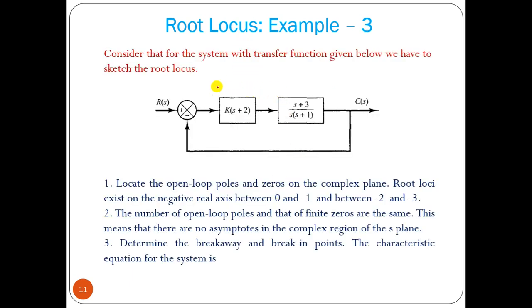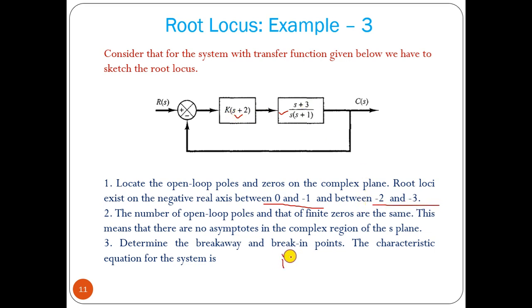Now let us solve the third problem. This control system is given. Now we can locate from this the open loop transfer function, this one into this multiplication. So we can see we have two poles at 0 and -1, two zeros at -2, -3.